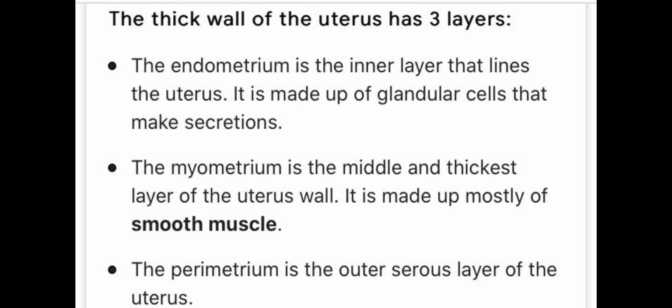The perimetrium is the external thin membranous layer. The myometrium is the middle layer which has smooth muscles, and these smooth muscles help in parturition, that is the birth of a child or delivery of the child. The endometrium is the inner glandular layer, and this layer undergoes the menstrual flow or cyclic changes every month.